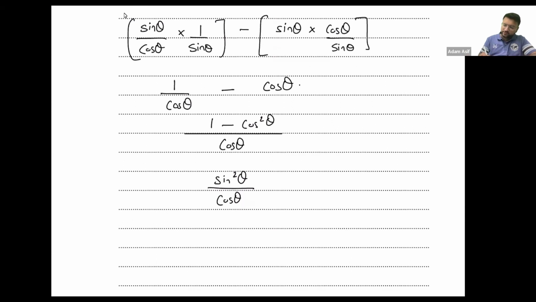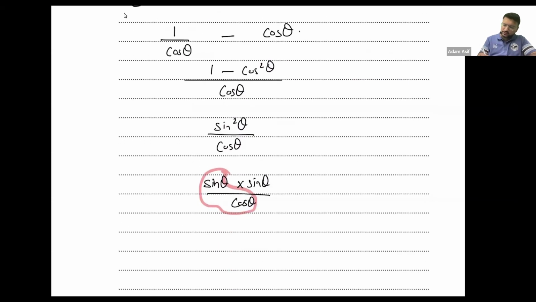And if I split the numerator, sine theta times sine theta upon cos theta, sine theta upon cos theta is tangent theta. So that's going to be tangent theta times sine theta. Identity proved.